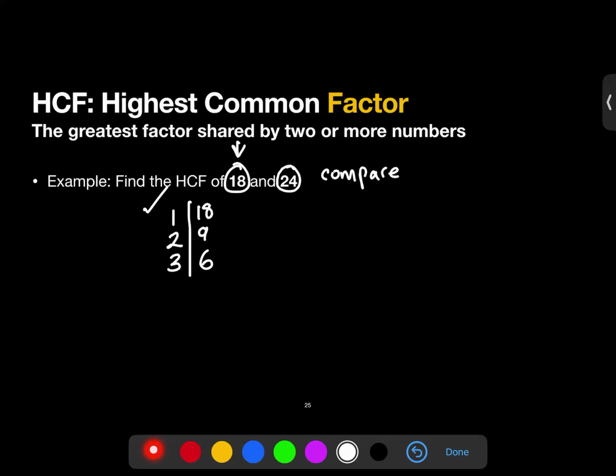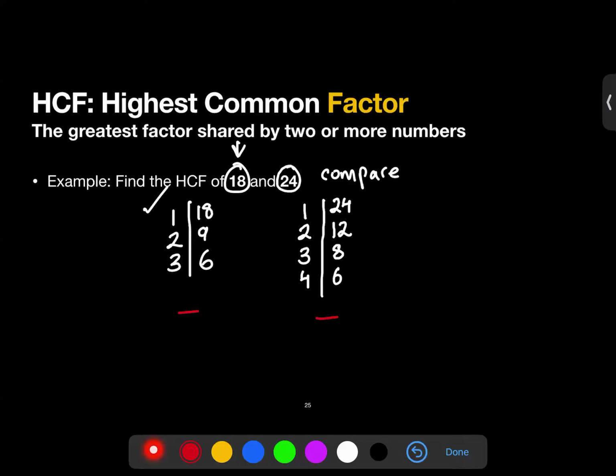Now we will do it for 24. So we'll start with 1, 2, 3, 6, right? 8, and 24. So now we want to find the biggest number that is in both of the factor lists.